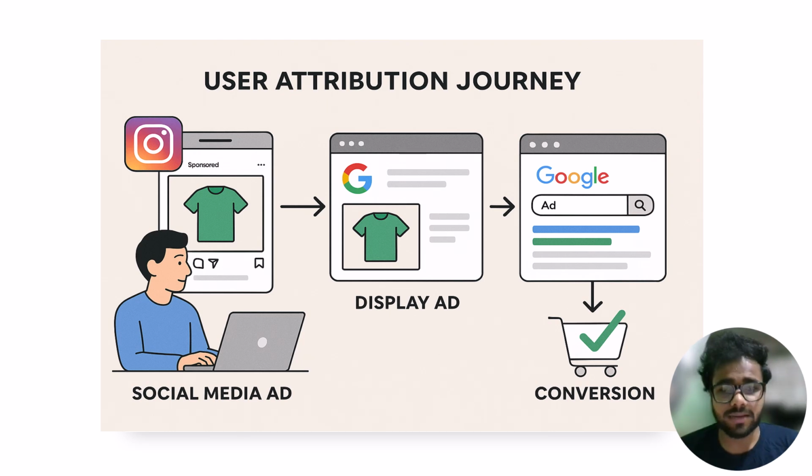With this example, I want to explain more about the user attribution journey, how this is working, and you can relate it to your side as well. As a marketer, you also need to see how the users are coming through their complete attribution journey.